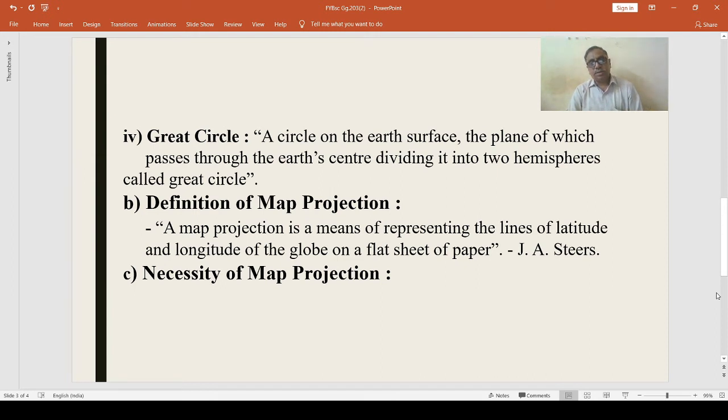Although size, shape and direction of an area are correctly represented on a globe, we cannot make use of a globe always conveniently, because of some things. Here is the necessity of map projection.